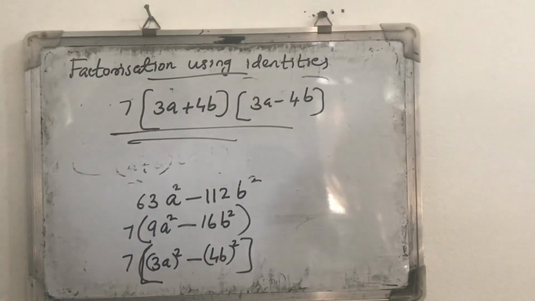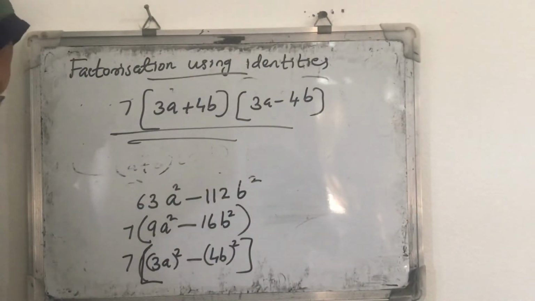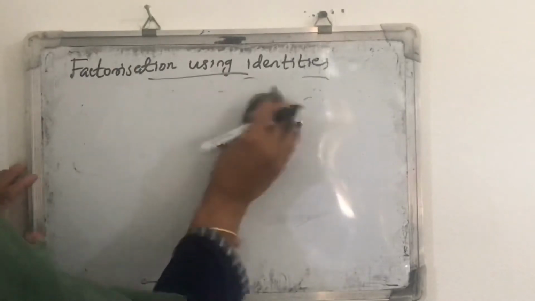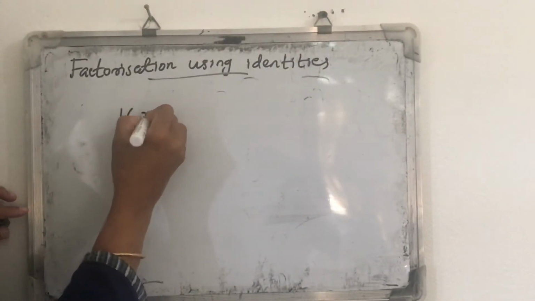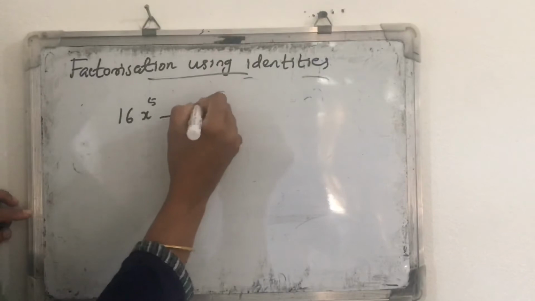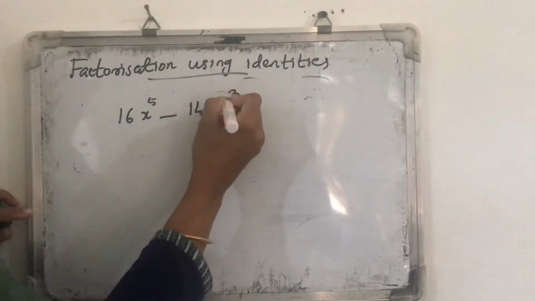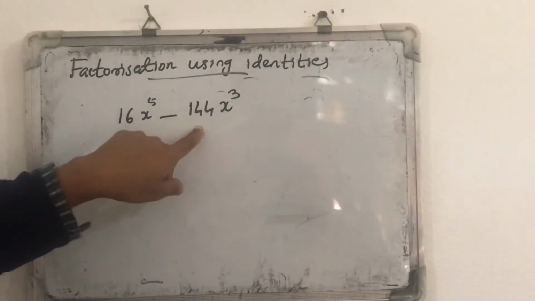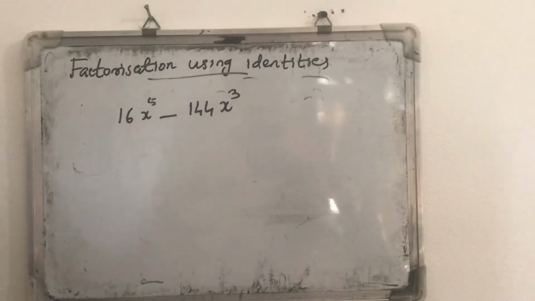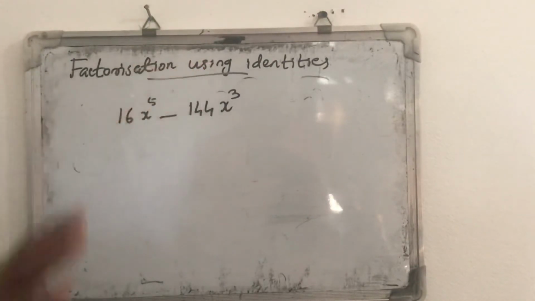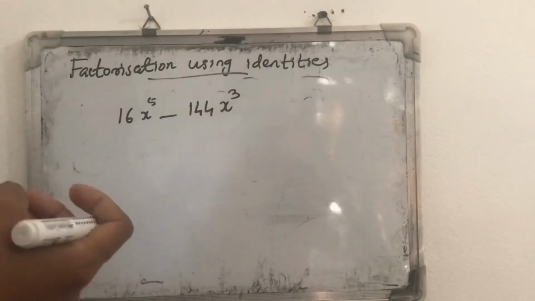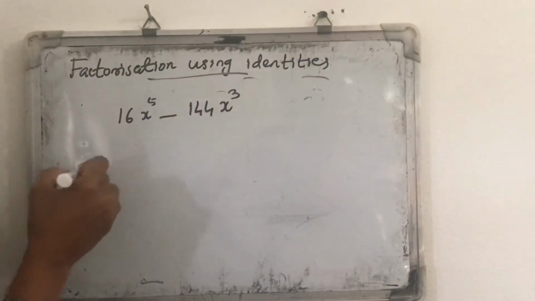And another question is also there. One separate question we can see. Now look at another question: 16 x raised to 5 minus 144 x cube. Now we know 16 is a perfect square and 144 is also a perfect square. But x raised to 5 and x raised to 3 are not perfect squares. Then when we take one x as common outside, what will happen?